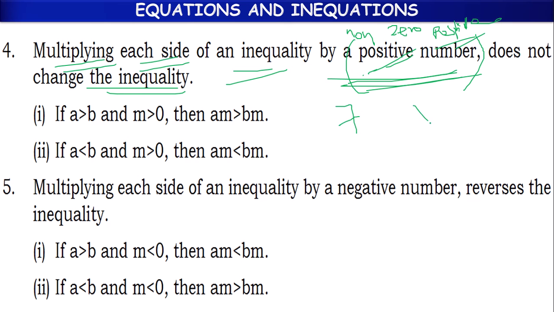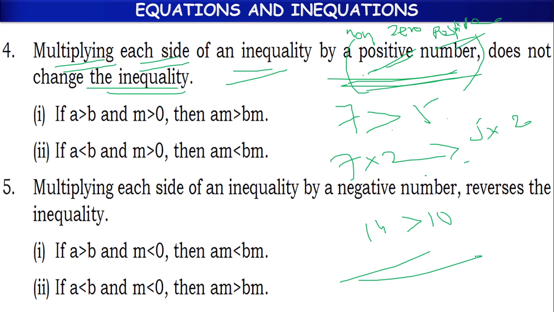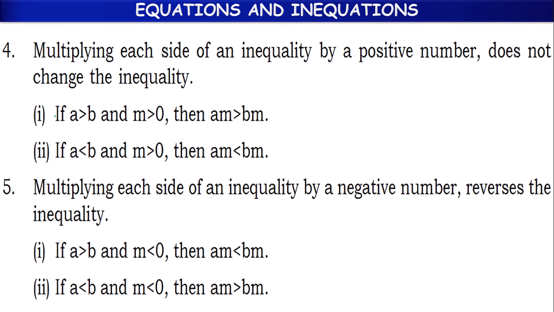We have the same 7 and 5 relation. 7 is greater than 5. 7 into 2 is greater than 5 into 2. 7 times 2 is 14, greater than 5 times 2, which is 10. So the relation does not change. If A is greater than B, AM will always be greater than BM.